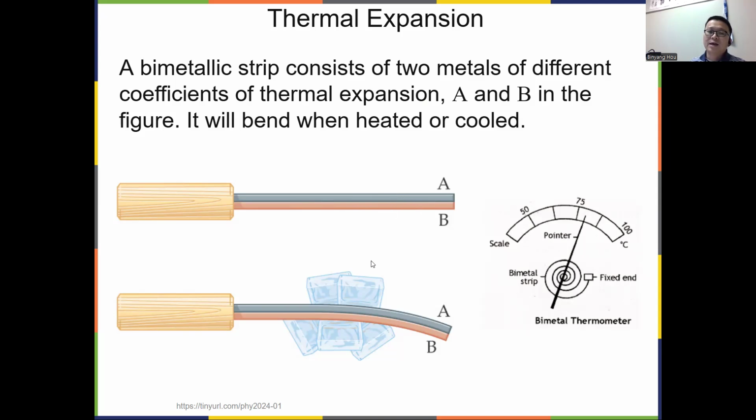If you have lower temperature, it will bend to one side because this lower part will expand more than the upper part A. In the other case, if it's hot, then A will expand more than B, or actually A will shrink more than B, so then it will bend to this side. Okay. All right.